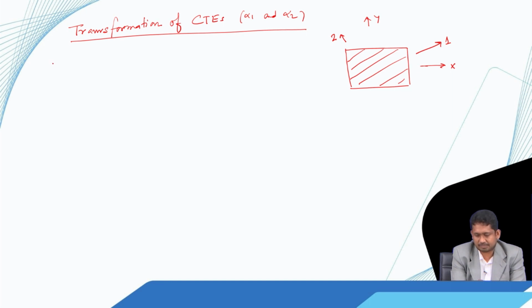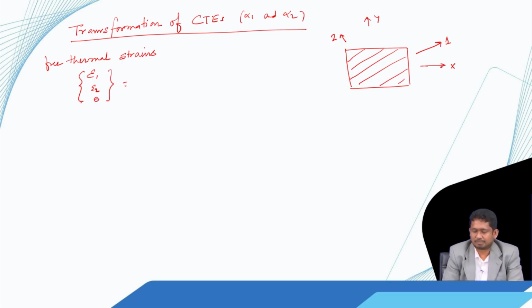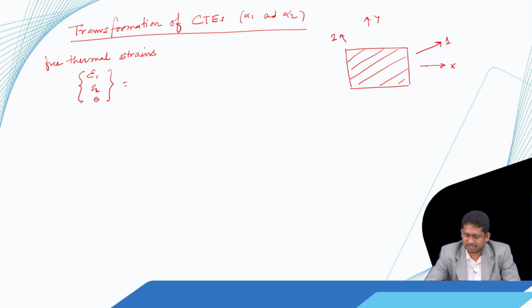So, for that let us write the free strains due to temperature, or free thermal strains, epsilon 1, epsilon 2 and 0, because with respect to direction 1 2 we will not get any shear.